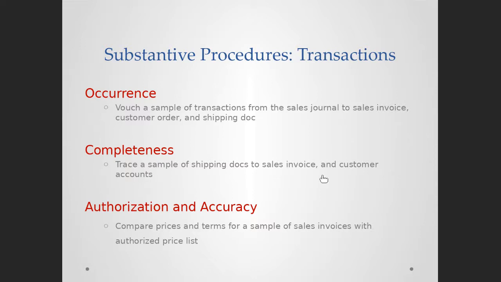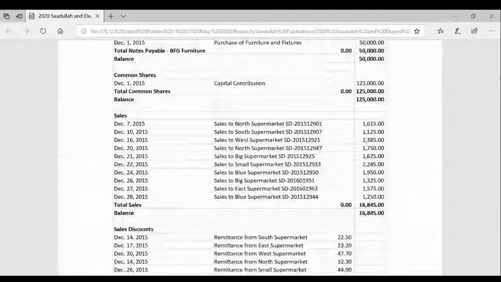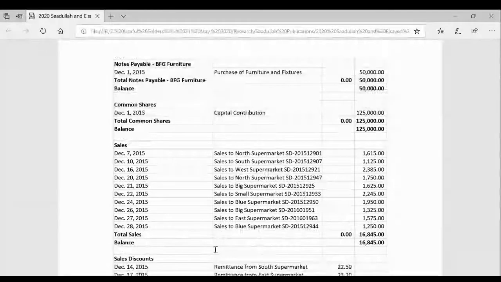Okay. So let's take a look at one. For example, if we come to this journal right here, sales, right? As you see here, we have a credit to North Supermarket, right?